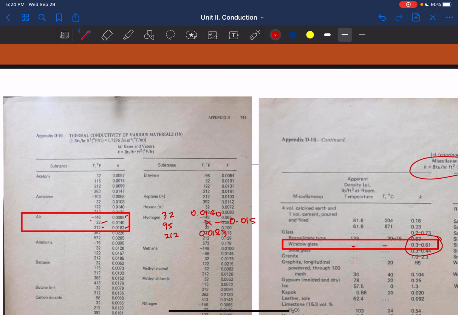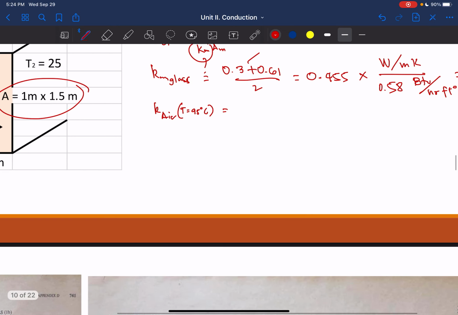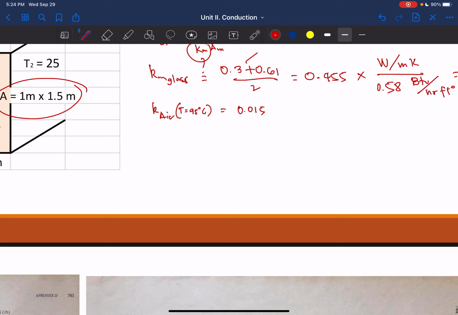0.015 BTU per hour feet squared, so that's over 0.58 to get it in watt per meter Kelvin, and you'll arrive at a value 0.02586 watt per meter Kelvin. So let's plug it here. So I have 0.015.